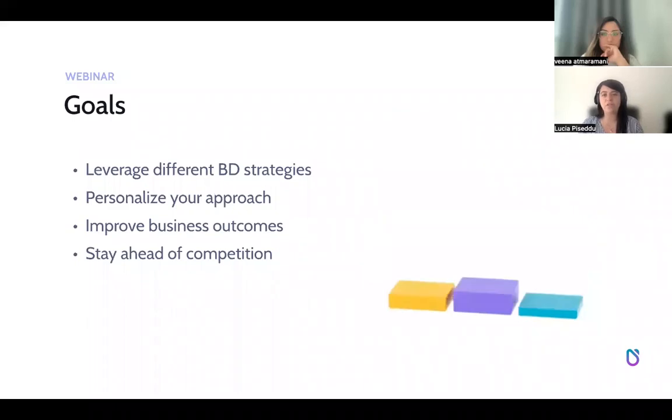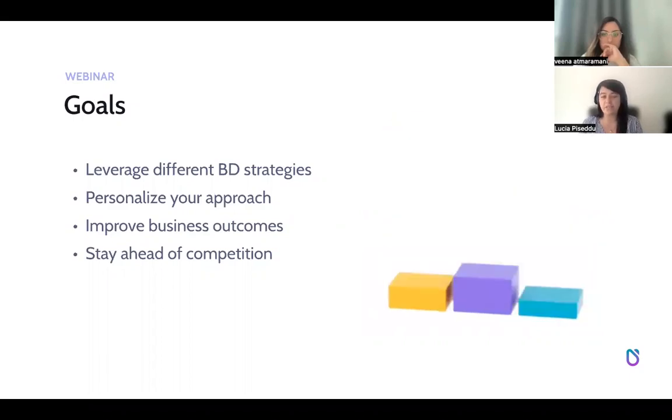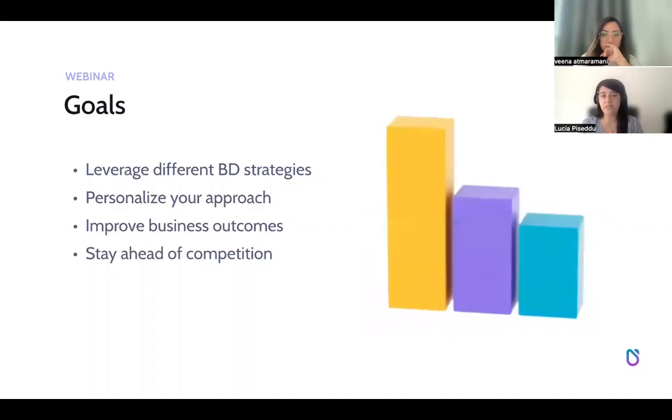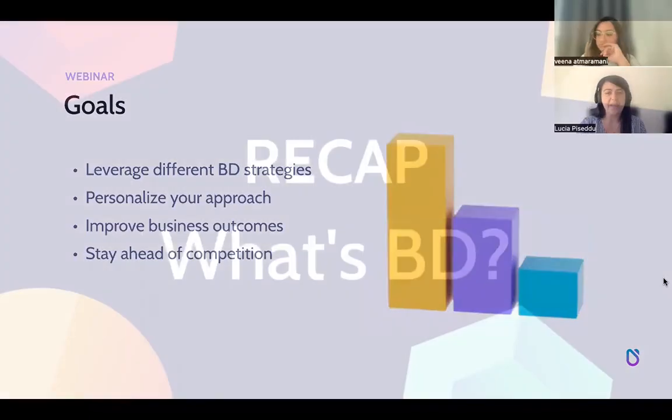However, you will see that once you really start understanding your ecosystem, then you can really personalize your approach and really make a difference with your business development role. Of course, the other goal is to personalize your approach when it comes to BD, obviously improving the business outcomes, however you define business success in your company, and obviously staying ahead of the competition.